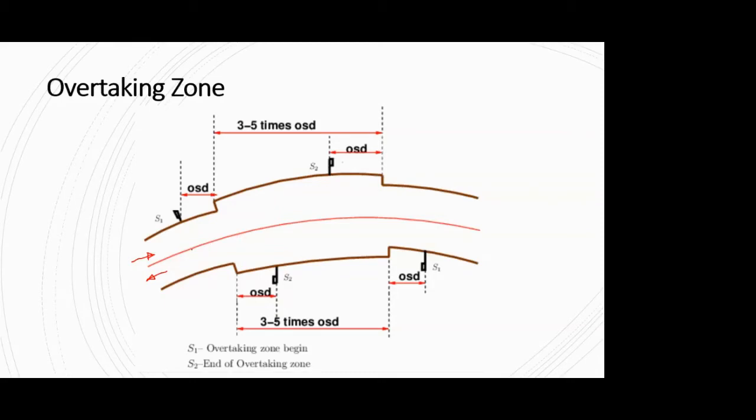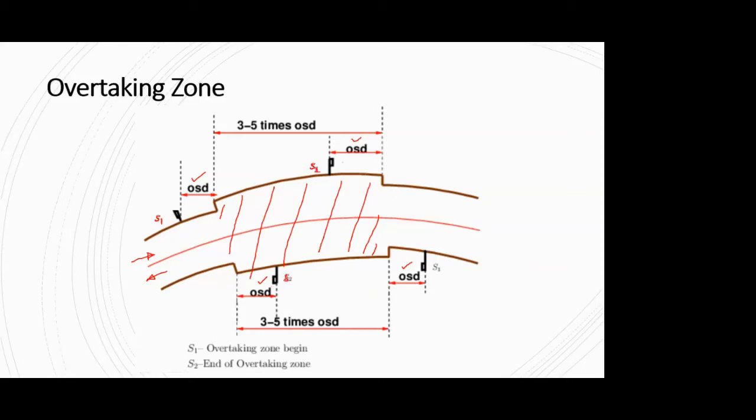So maybe in this case, if you can't provide an overtaking sight distance due to the curve constraint, then we have something called this overtaking zone, which is this wider portion that you can see. Okay, so the width is more, and if you see the distances, whatever OSD you calculate, that OSD you can see at 4 locations. Now these 4 locations are nothing but, if you see closely, this is S1, in case you are not able to see. This is S2.